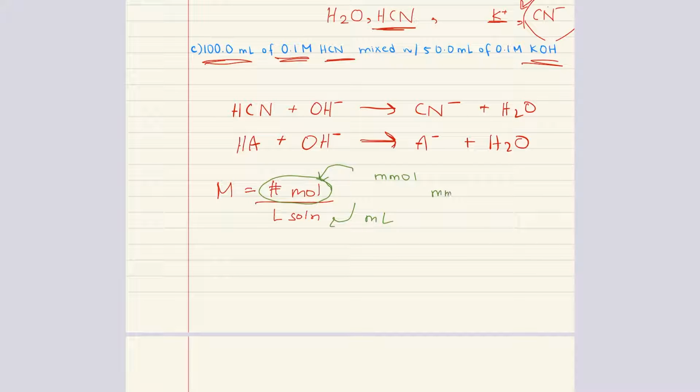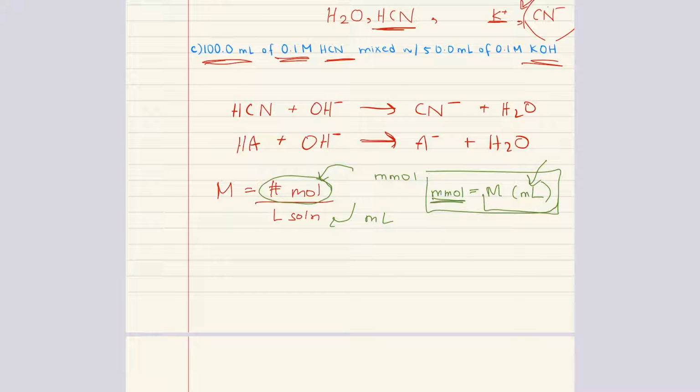Millimoles is going to be equal to molarity multiplied by our volume in milliliters. We're writing it this way because we're given the volume in milliliters. That means that when we calculate molarity multiplied by milliliters, our answer for moles is actually going to be in units of millimole.